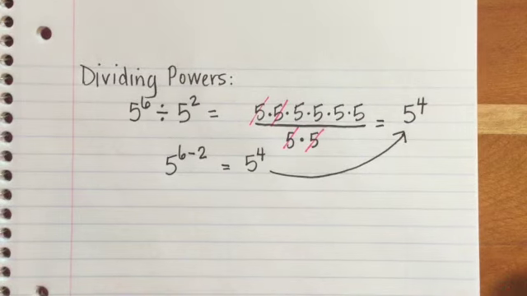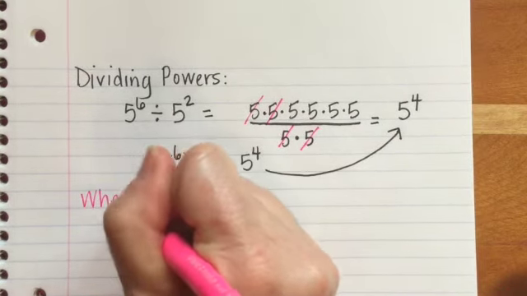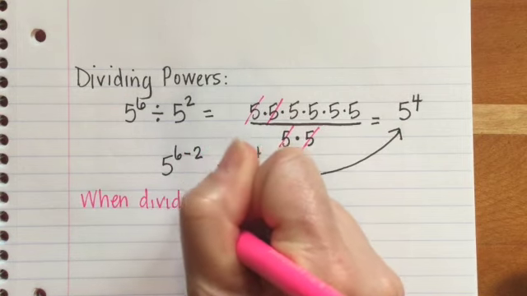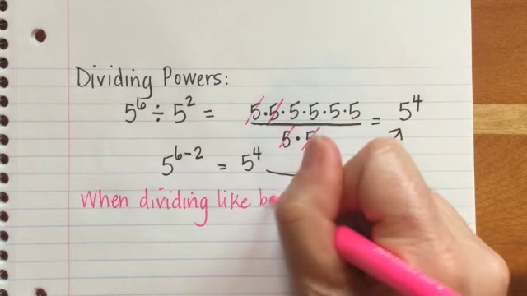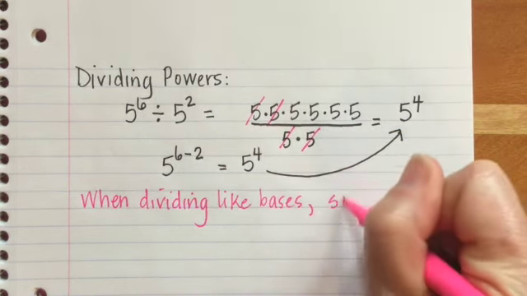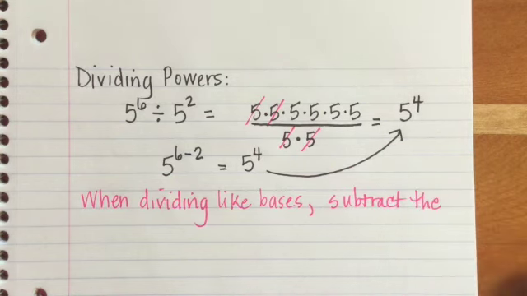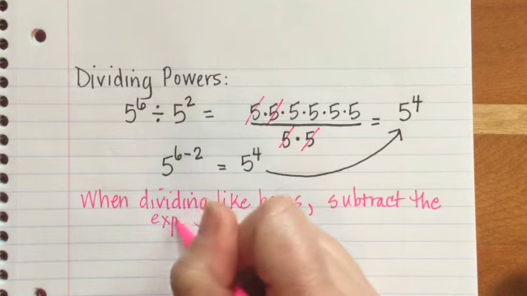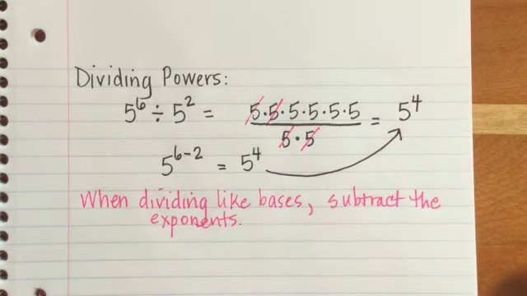So the rule that we want to write down is when dividing like bases, again, key, all you need to do is subtract the exponents. Again, in Math 8, it is perfectly acceptable to leave your answer with the exponent. You don't need to multiply that out and get a final answer.